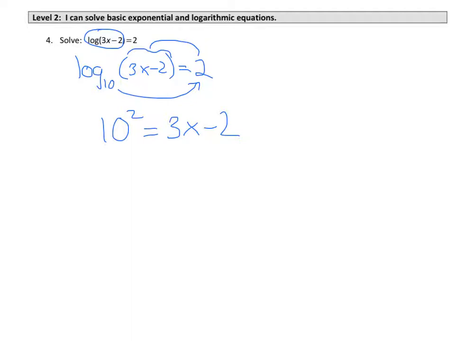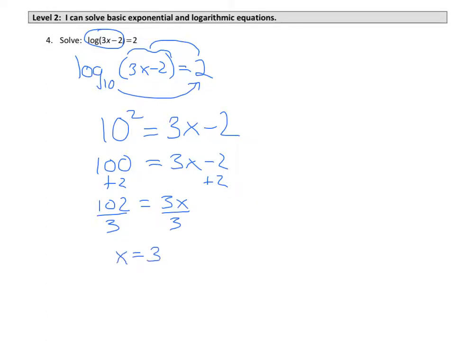And then now I have an equation that I can solve. 10 to the second power is 100 equals 3x minus 2. Add 2 to both sides and we get 102 equals 3x. Divide by 3 and we get x equals 34.